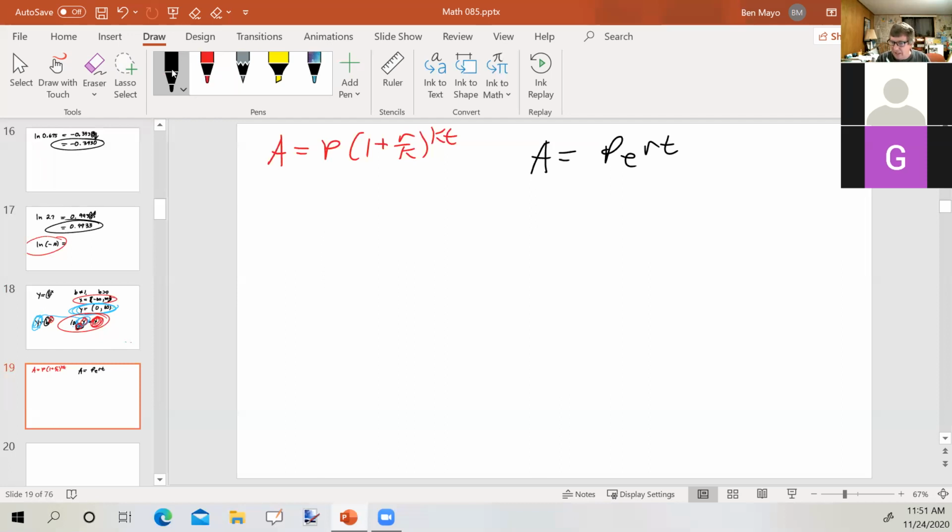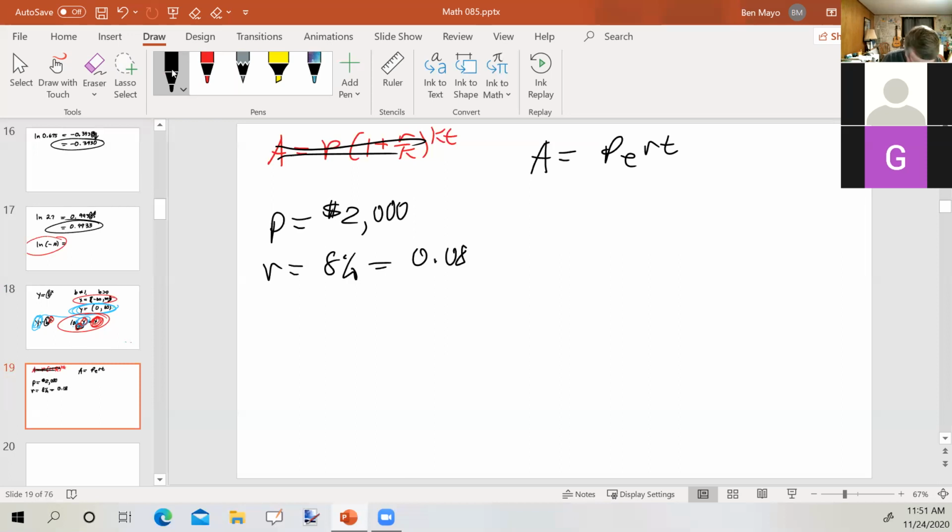All right, that's the key. An initial investment of $2,000. So we're not going to use that one. Earns 8% interest, compounded continuously. What will the investment be worth in 15 years?